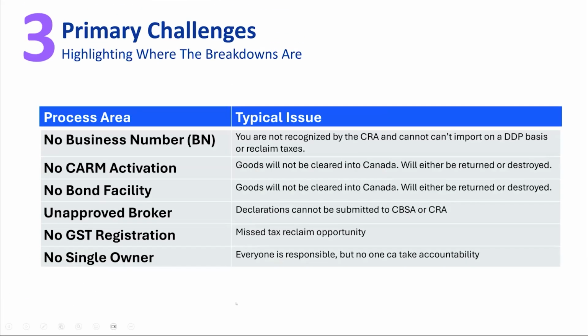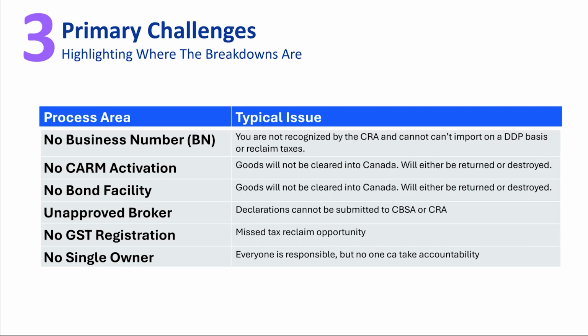Now, if we look at the primary challenges, we can break this down into, I would say, these six primary responsibilities. If there is no BN number, as mentioned, the broker might either use their own or you're forced to use another business's, and you lose visibility and the ability to ultimately reclaim those taxes.